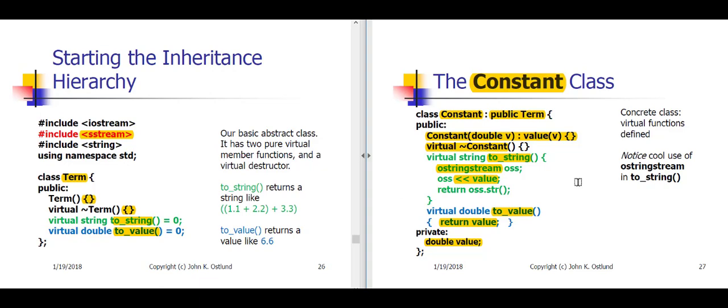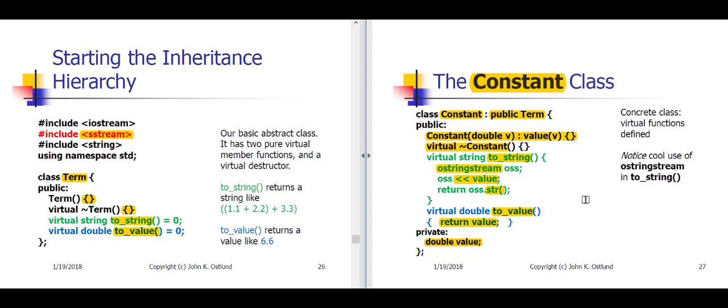And then to obtain a string object from oss, we can use the member function str. Okay? So we create an empty ostringstream object named oss. We insert value into oss, which will take that double value and convert it into a sequence of characters.